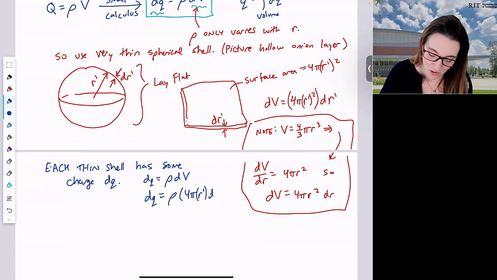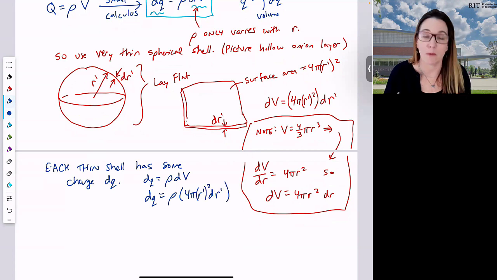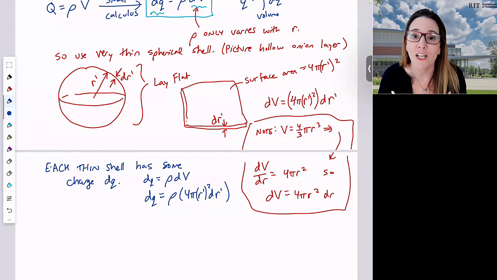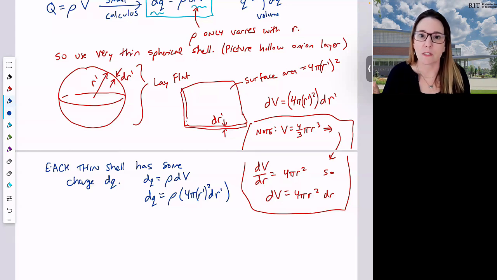In my own work, I very often leave off the prime because I know which r I'm talking about at any moment. I just want to make sure we're differentiating from our Gauss's law little r, and this is now a different radius that we're using to add up all the onion layers inside the shell.